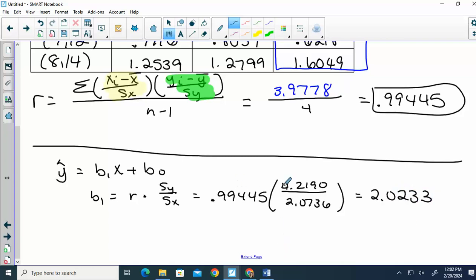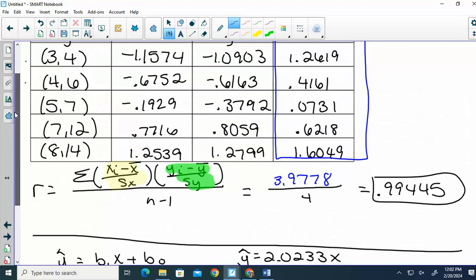So we have our slope. And we know y-intercept. And it tells us on our formula sheet that b sub 0 is y bar minus b sub 1 times x bar.